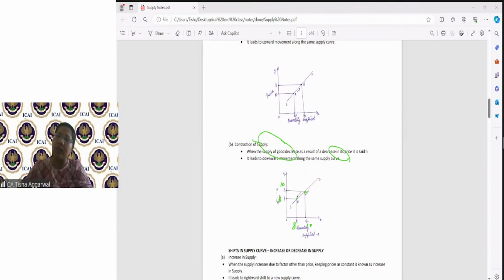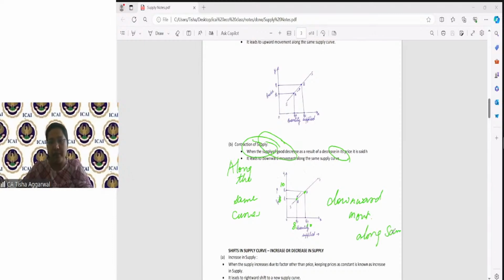No, we are moving on the same curve. So if it is along the same curve, it is known as the contraction of supply. And this will be a downward movement along the same curve. This is what is known as the contraction of supply.